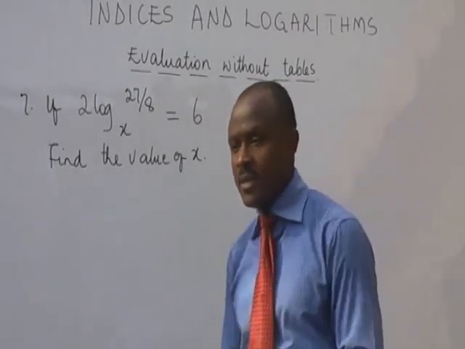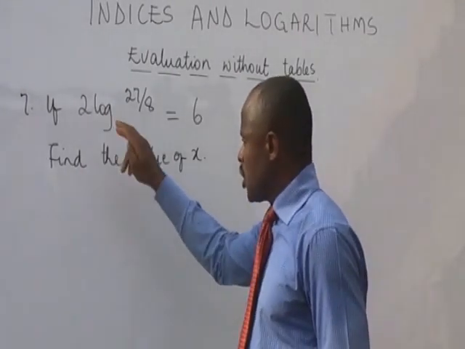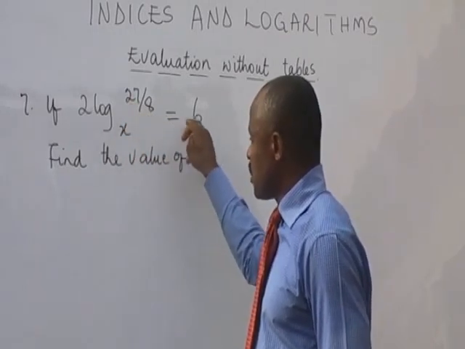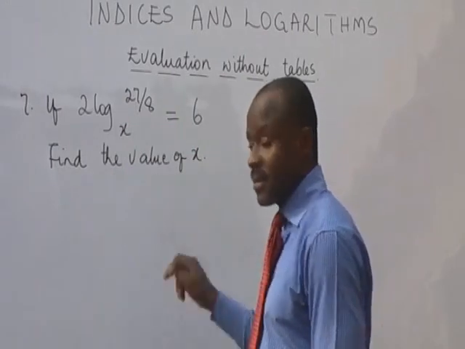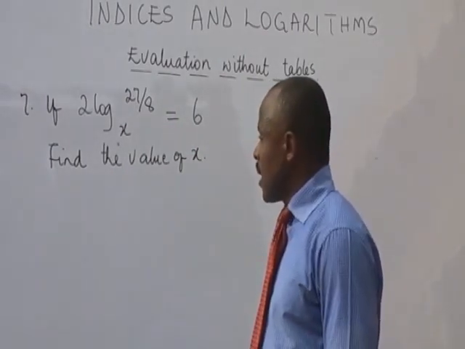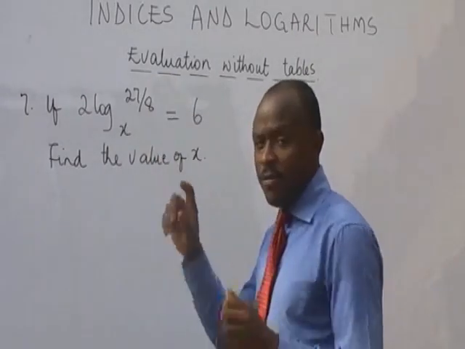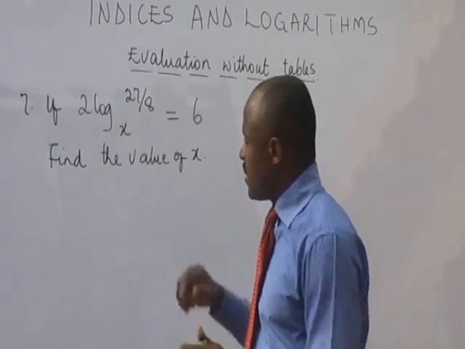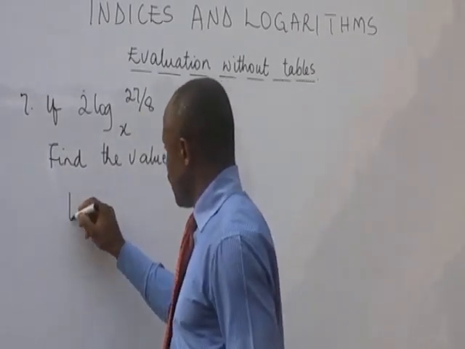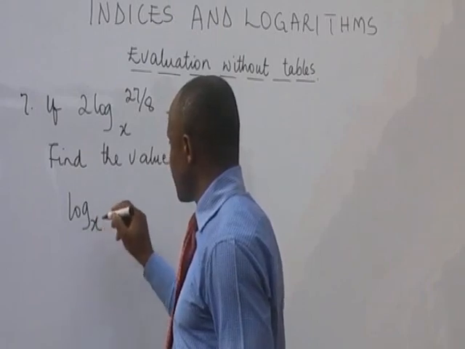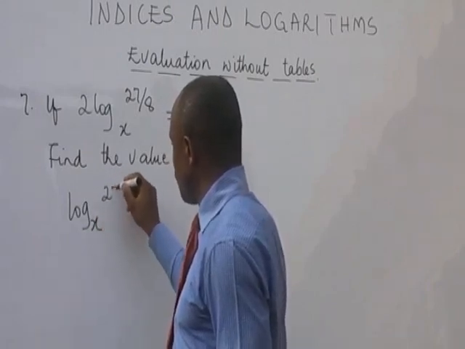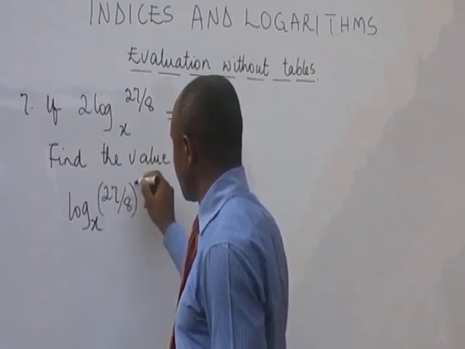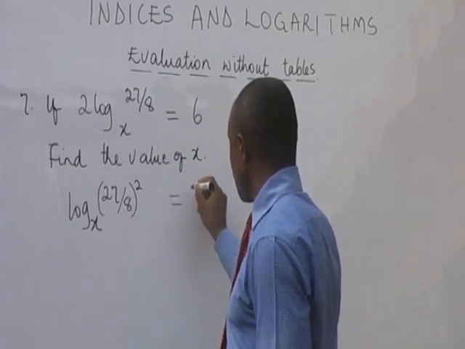Question number 7 says, if 2 log to base x of 27 all over 8 is equal to 6, find the value of x. If you try to apply the third law of logarithms, you find out that this means log to base x of 27 all over 8 squared, and it's equal to 6.